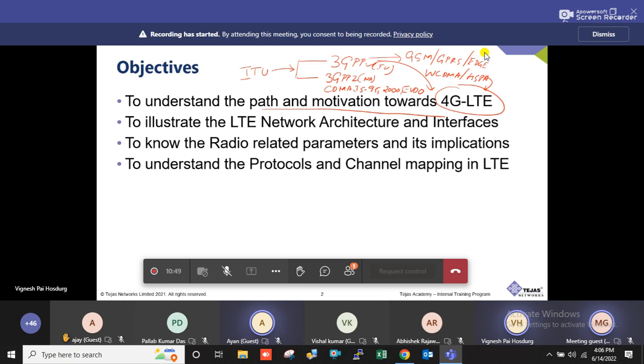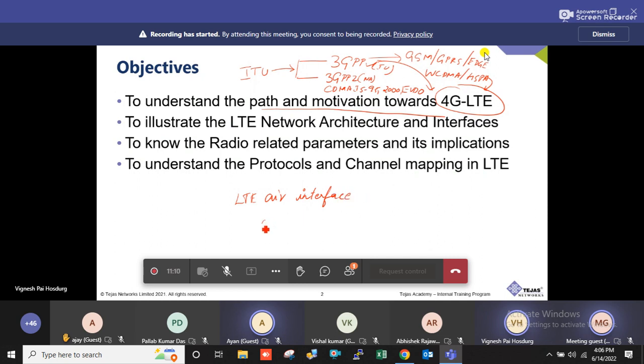So I will revisit these things now, just a quick recap, and then I'll move towards today's topic. Today we'll be largely focusing on the LTE air interface side. Basically looking at the multiple access technique.